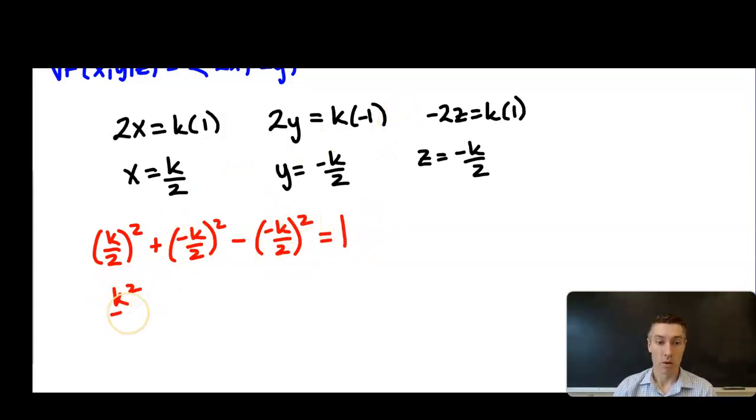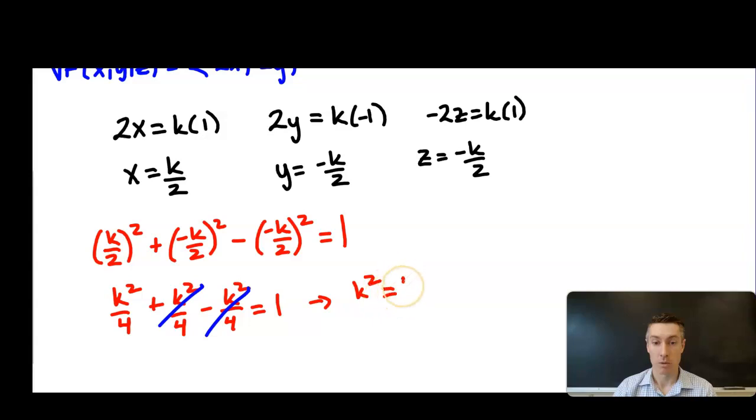So k squared over 4 plus k squared over 4 minus k squared over 4 equals 1. Some of you may have seen simplification earlier, which is fine. So 2 terms simplify. That leaves us with k squared equals 4, k equals plus or minus 2.